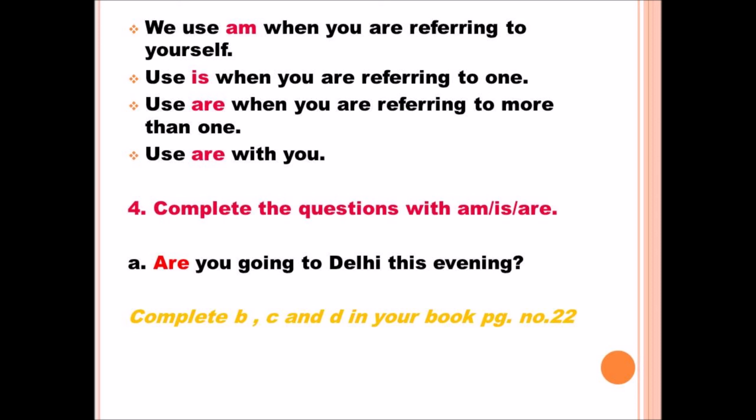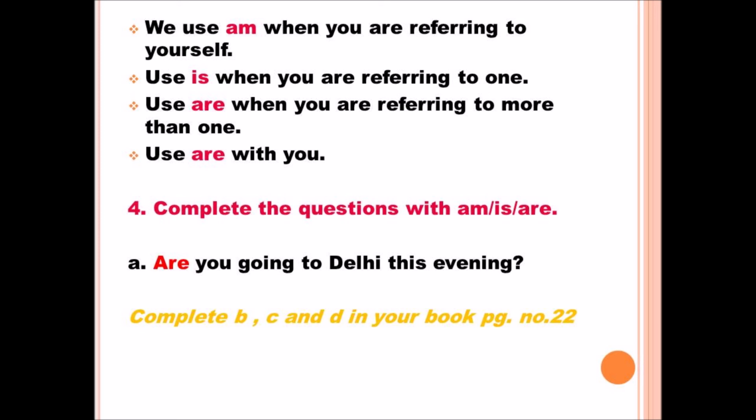So with this we are going to complete exercise 4. Complete the questions with am, is, are. Like fill in the blanks, it is given. Dash, you going to Delhi this evening? As I already said, we use are for you, right? In questions, we use the be form of verb first and then we use the subject.